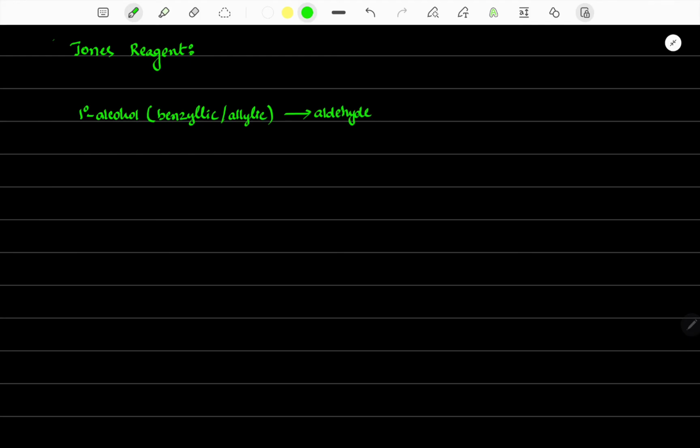For a primary alcohol which is benzylic or allylic, the answer can also be acid. So aldehyde at low temperature and carboxylic acid at room temperature or above room temperature.